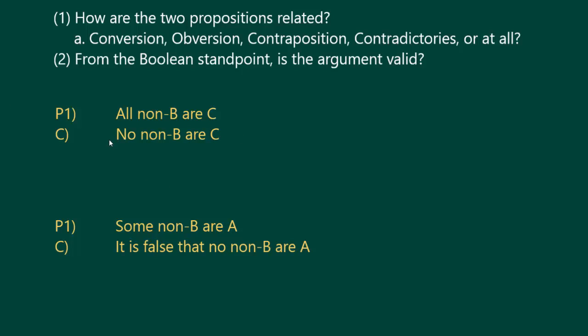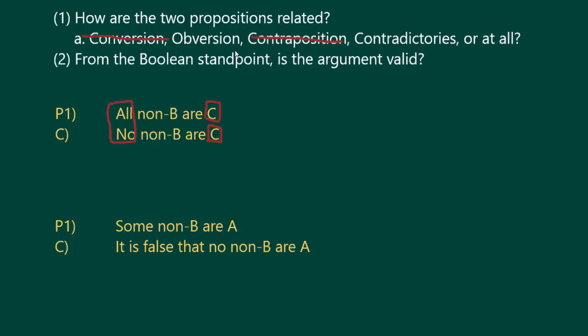One important feature of this argument is that in the premise we have an affirmative statement, all non-B are C, and in the conclusion we have a negative statement, no non-B are C. Well, that rules out conversion and contraposition because they don't ask us to change the quality of our statements. The other thing to note is that our predicate terms are the same.